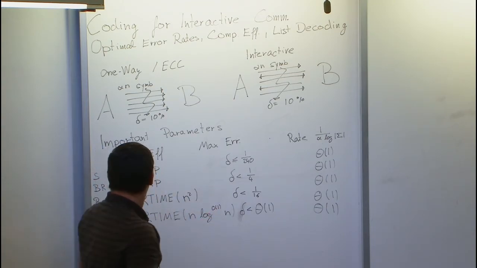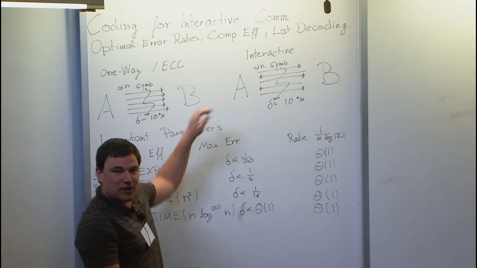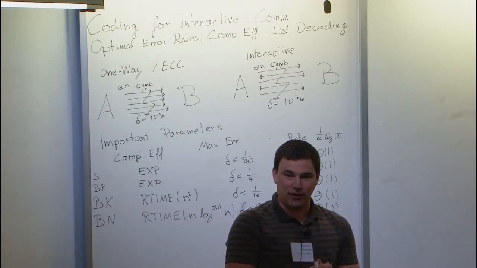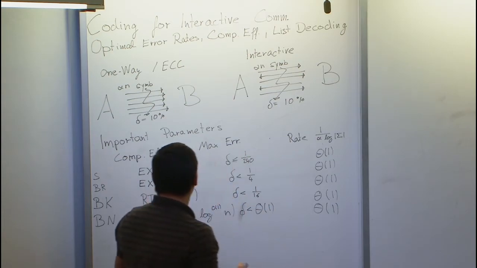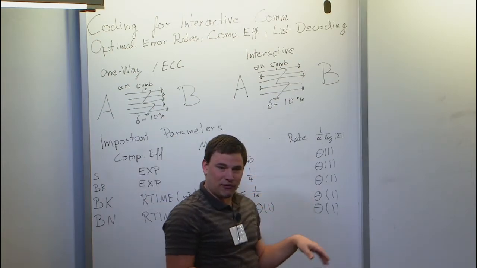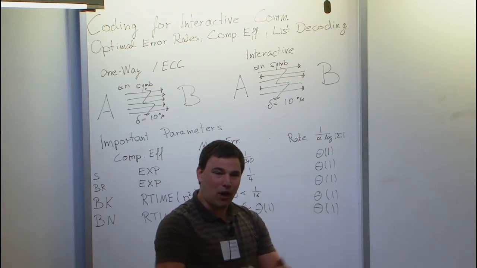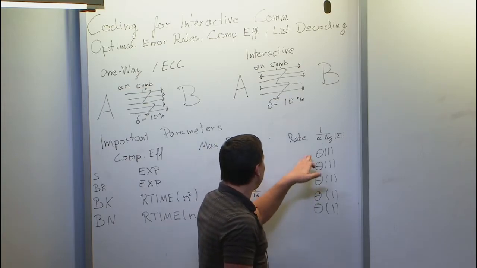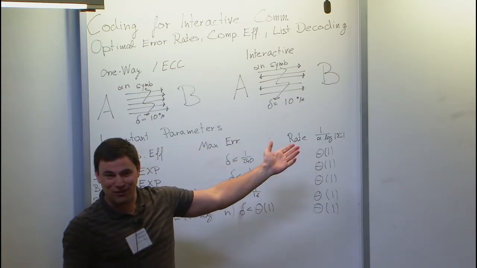Right? So what are the important parameters that we are looking for here? I mean, what are the important parameters for error correcting codes? Well, one thing is the rate. Right? If I give you a certain error fraction, I want to know by how much I have to blow up my conversation. And ideally, we want at least constant rate.